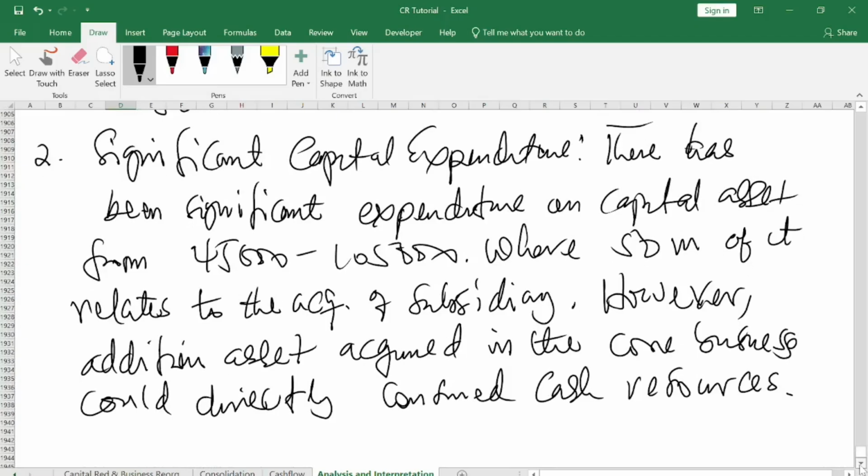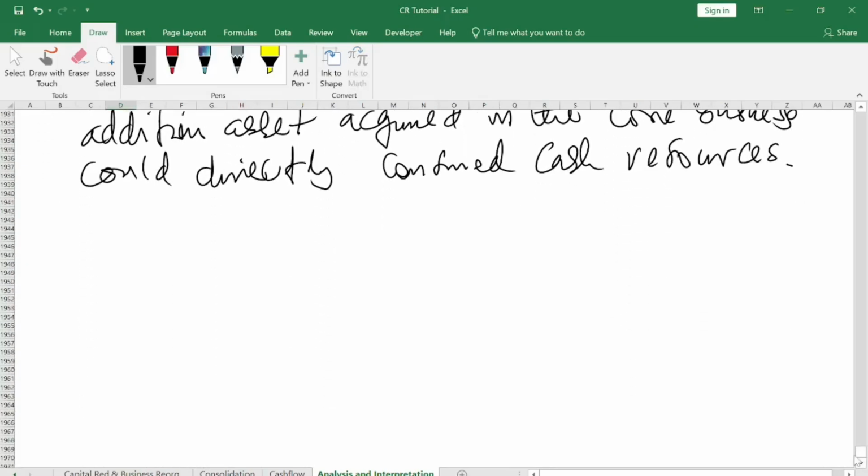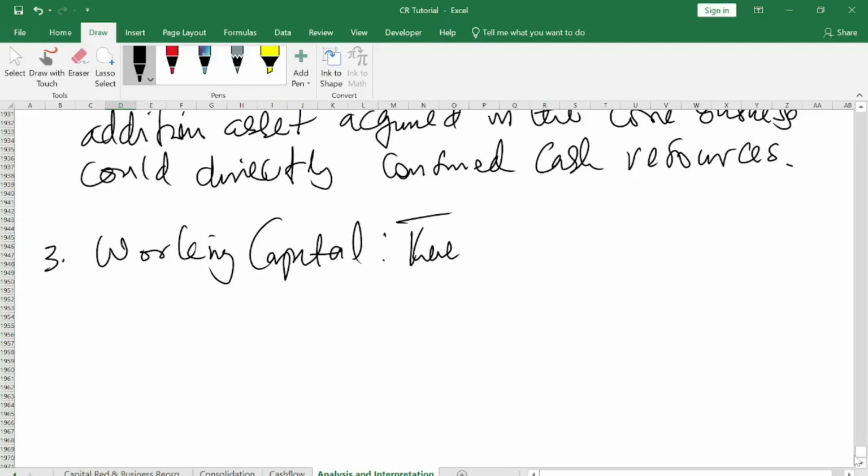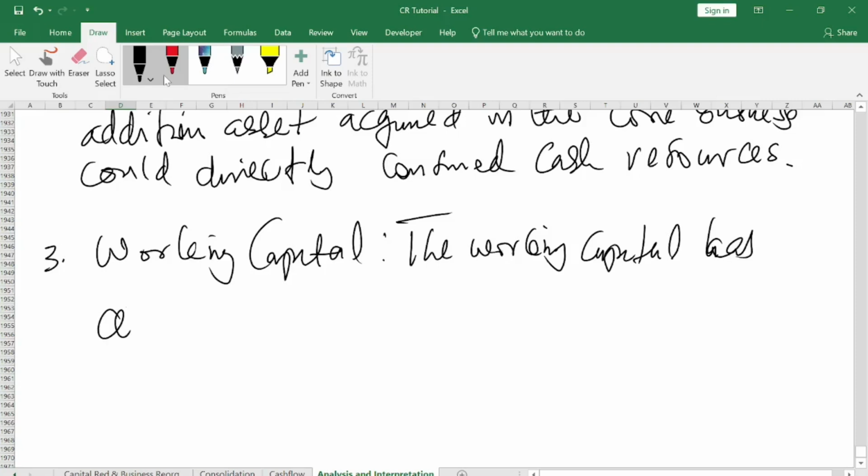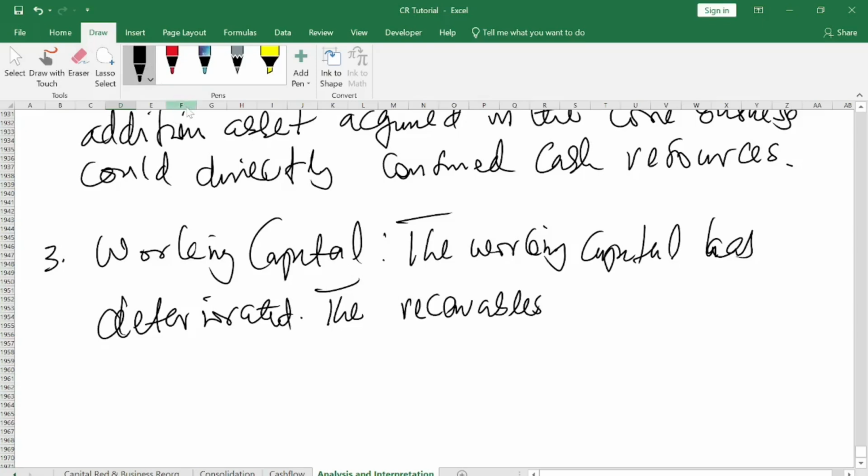All right, so basically this is what you can say about that. Now you can also talk about working capital. What can you see? I can say that the working capital has deteriorated. Why? Let's look at the receivables, from 4,000 to 6,500.